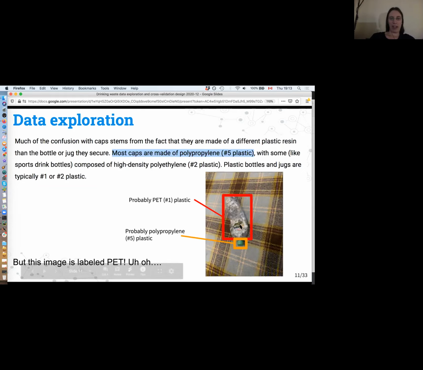There's the body of the bottle that's made of one kind of plastic, and then the lid is made of a different kind of plastic. If you only use one kind of plastic, the seal at the lid isn't very good. So that's why they use two different kinds of plastic. So having an algorithm that labels one kind of plastic for an image that actually contains two kinds of plastic may also not be the goal that you're trying to achieve.